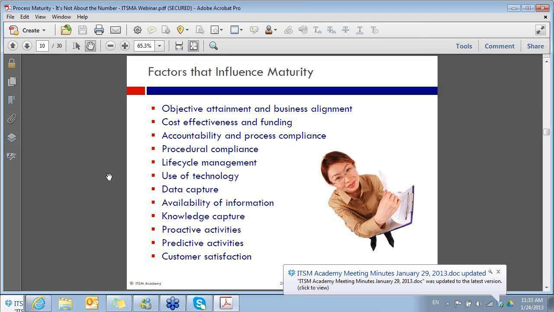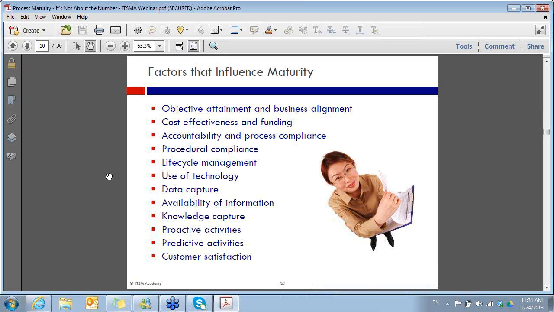Lifecycle management really speaks to the fact that you are producing the records that you need to be producing. So are you logging every incident? Are you logging every change? Are you tracking the status of those records as close to real time as possible? I always like to ask this question: if you ran a report right now against, pick a process, availability management, would you get an accurate snapshot of what really is happening in terms of availability?